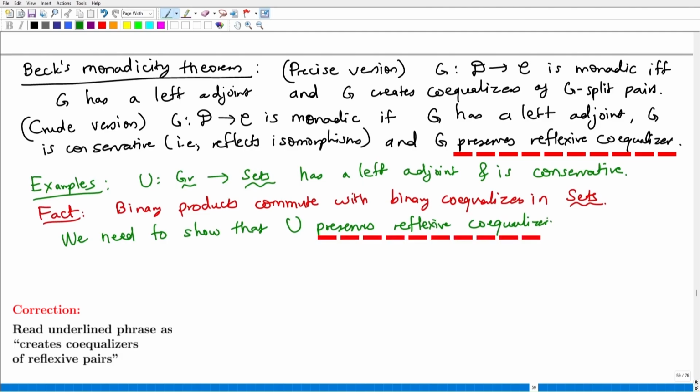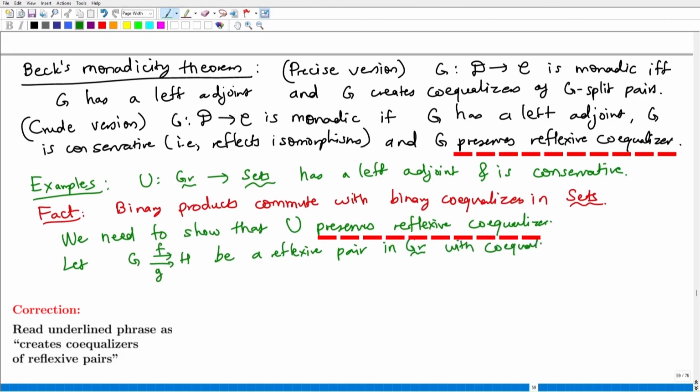Okay, so let F, G: H → G be a reflexive pair in the category of groups with coequalizer.